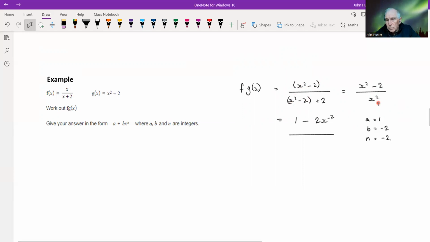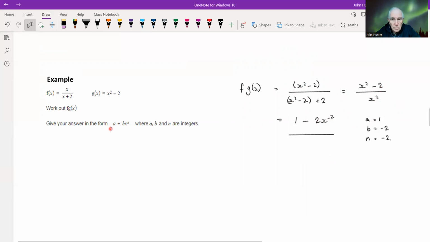Then if we simplify that, with x squared on the denominator, divide through by x squared, and we get 1 minus 2x to the power of minus 2.